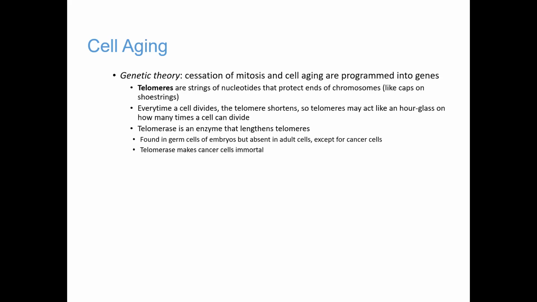They don't grow back. Cancer cells can keep their telomeres growing. Cancer cells are hard to kill. We can kill them, but it's hard to kill them. And the cancer cells have an enzyme called telomerase, and that's what keeps rebuilding the ends of their chromosomes.